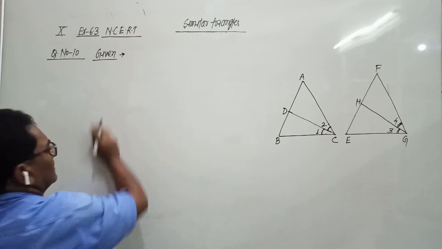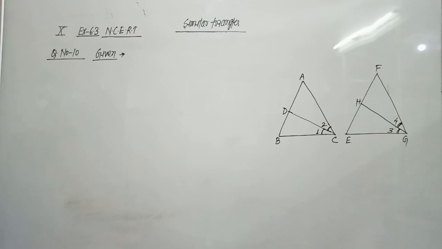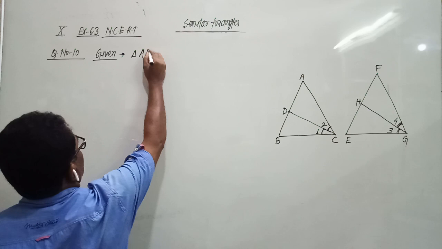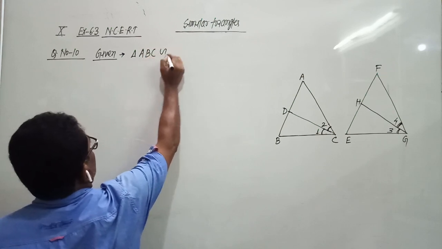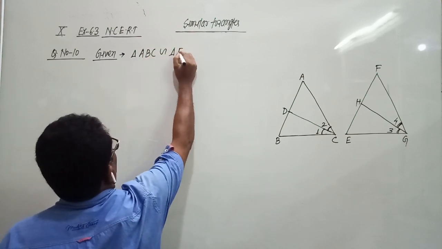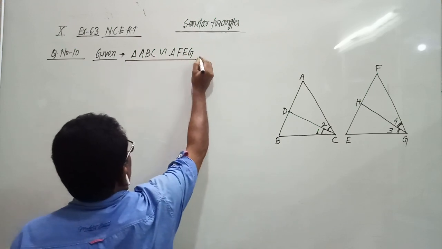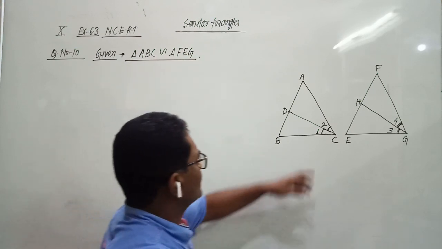We have given that triangle ABC is similar to triangle FEG. This is given, these two triangles are similar.